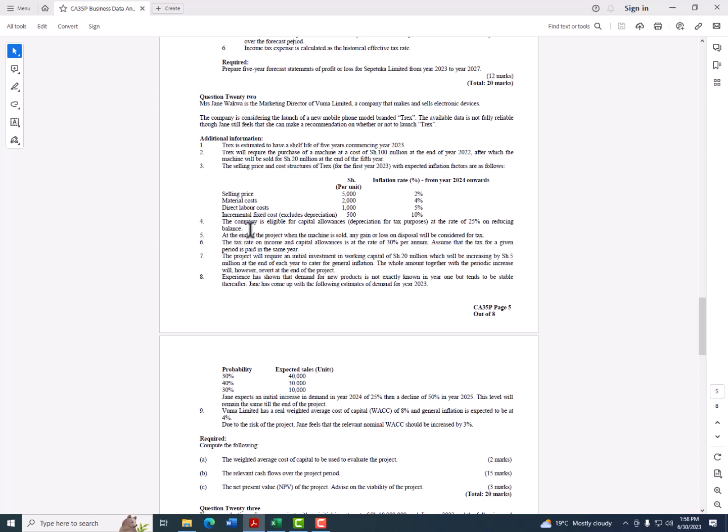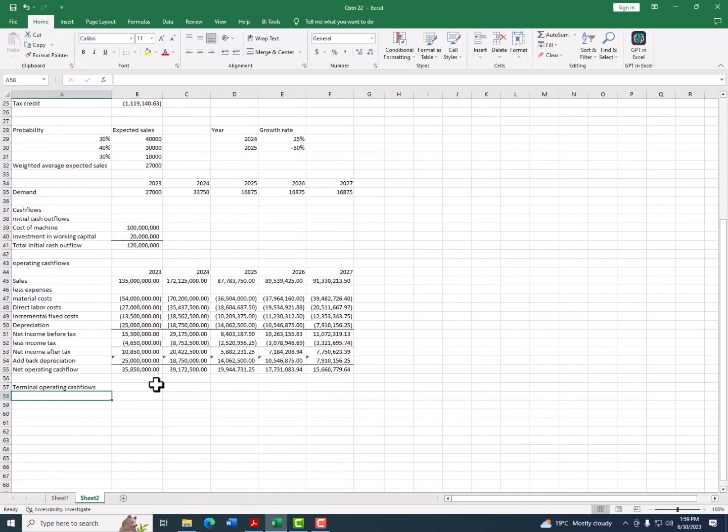We're also told, note number 7, the project will require an initial investment in working capital of 20 million, which will be increasing by 5 million at the end of each year to cater for general inflation. The whole amount together with the periodic increase will, however, revert at the end of the period. So what does this mean? It means that these figures that you invested in working capital, they will be recovered at the end of the period. So we are supposed to add them back.